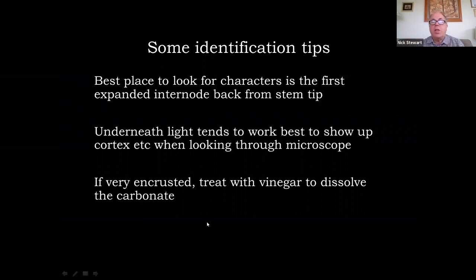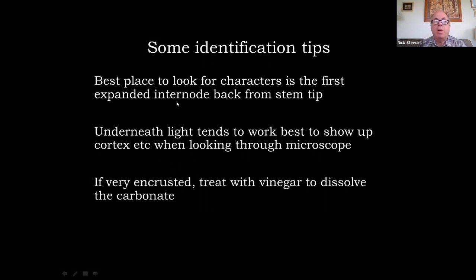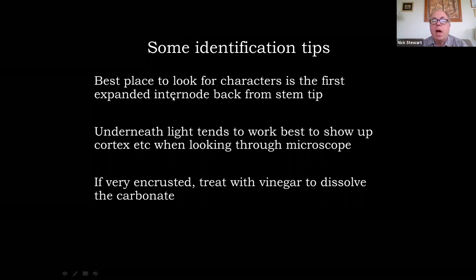One or two extra tips about identification. First thing is to say the best place to look for characters is the first expanded internode back from the stem tip. There are two reasons for that. One is, particularly if you're looking at Charas, sometimes the spines fall off. If you look at these youngest internodes, that's the best place to look for spine characters.